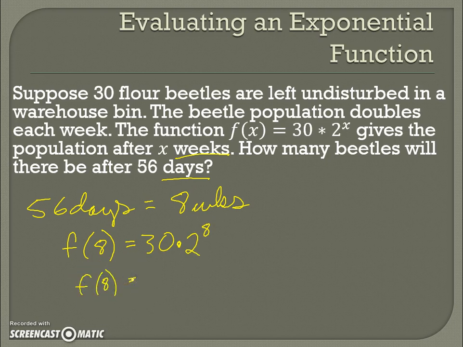So f of 8 equals 30 times, let's see, 2 to the 8th is 256. And 256 times 30 is equal to 7,680. So that's a lot of beetles.